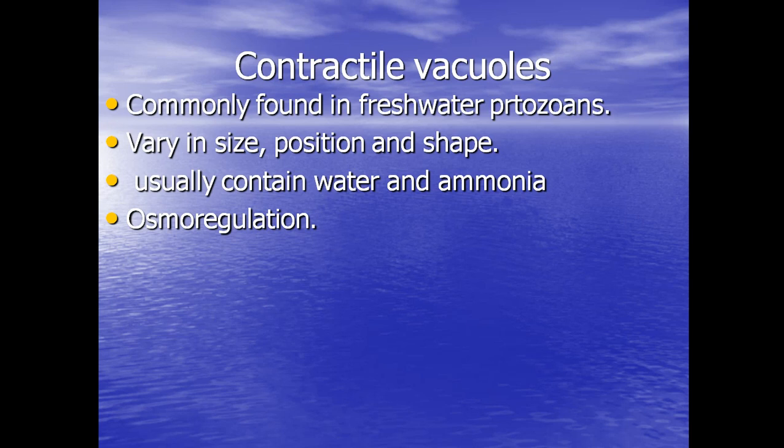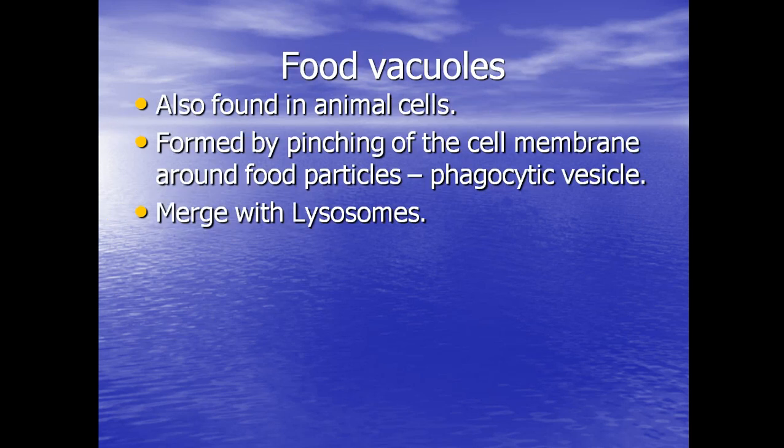So as a result, more and more water enters inside the cell. It is the role of the contractile vacuole to pump out the extra amount of water which has entered, and thus maintain the balance inside. That is the osmoregulation. That is one type of vacuole in animals.